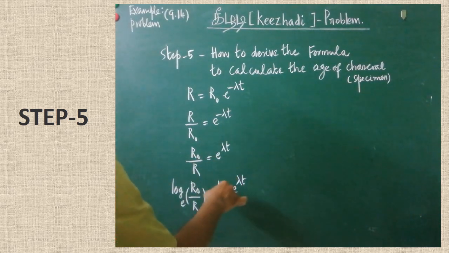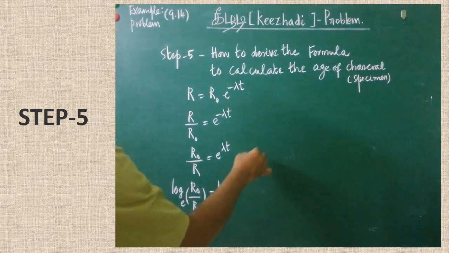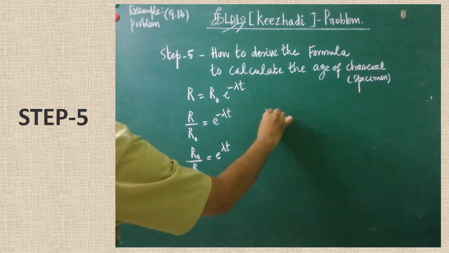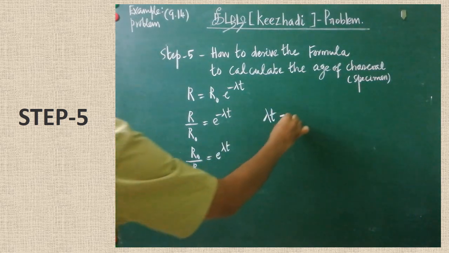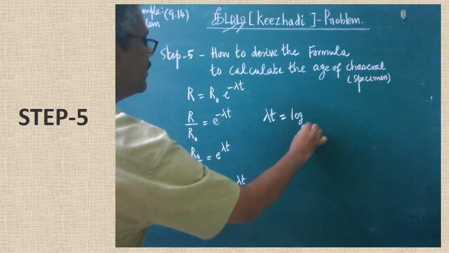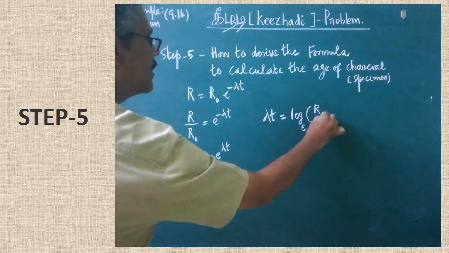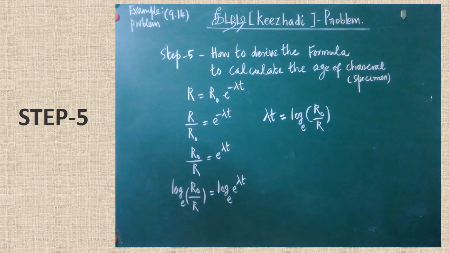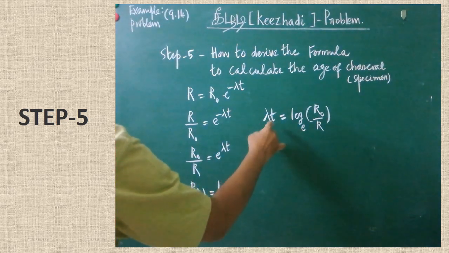Are you clear? So after simplification, lambda t is equal to log to the base e of R naught divided by R. Understood?